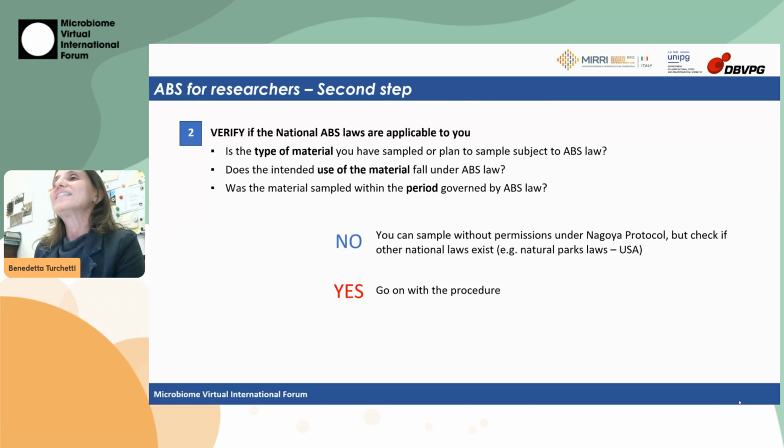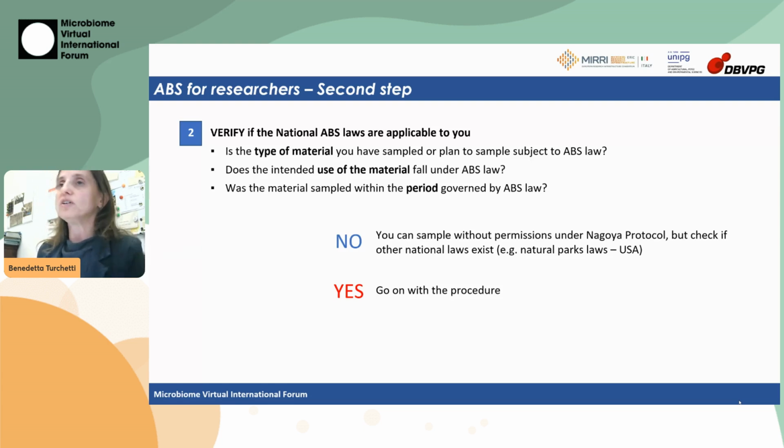Does the intended use of the materials fall under ABS laws? Again, some actions are possible without getting permission and some others are not. For example, sequencing, or taxonomy, is sometimes not part of ABS law.